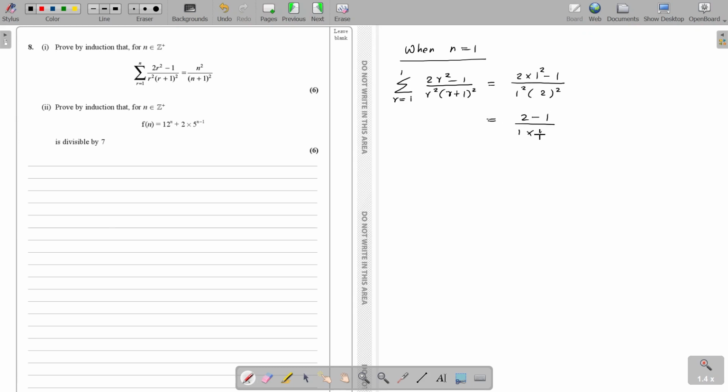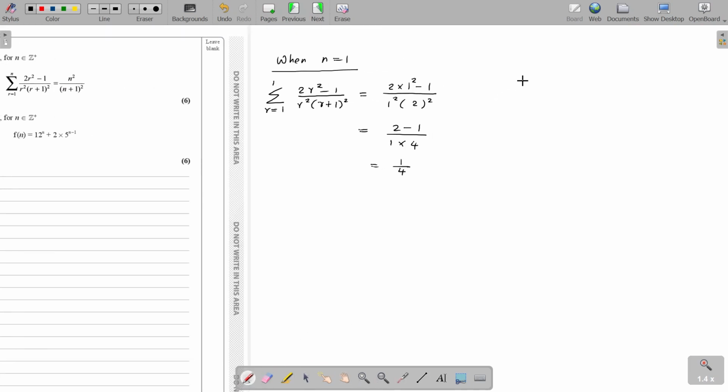The summation from r equals 1 to 1 means we just take the very first term, right? So the very first term is simply 1 over 4. Then we have to check whether this is aligning with the other side. On the other side we have n square over n plus 1 square.